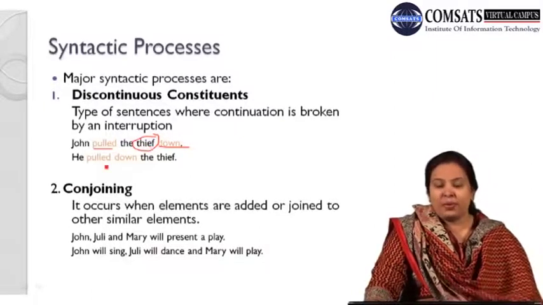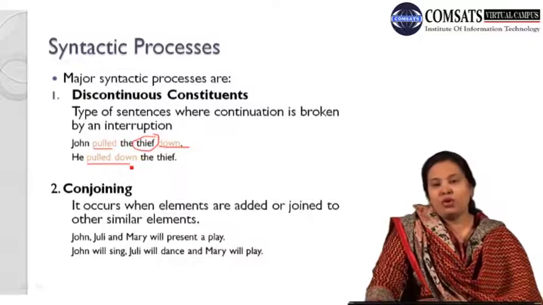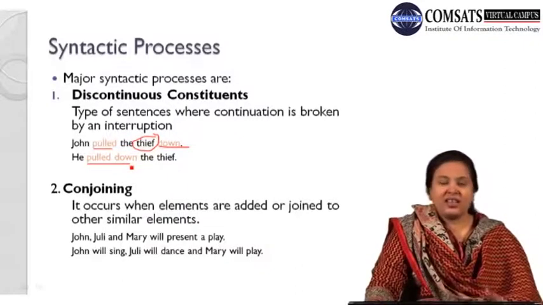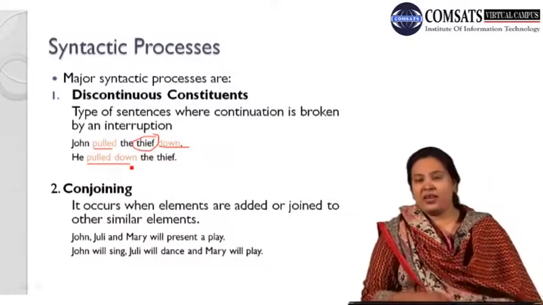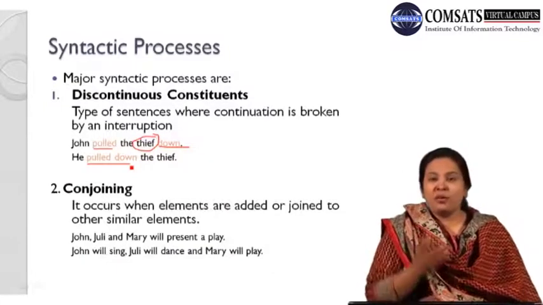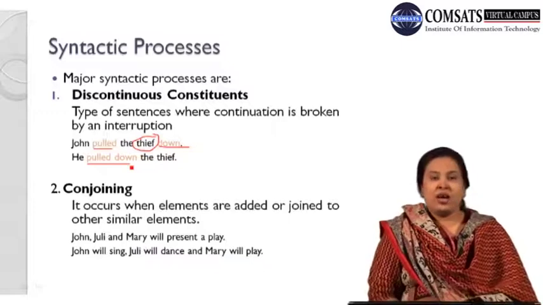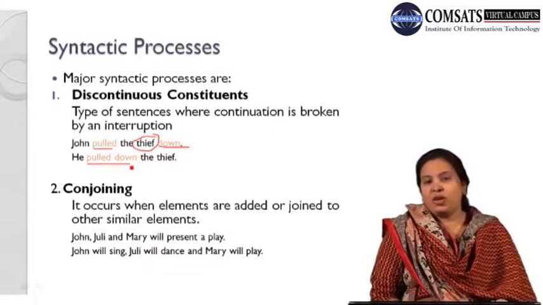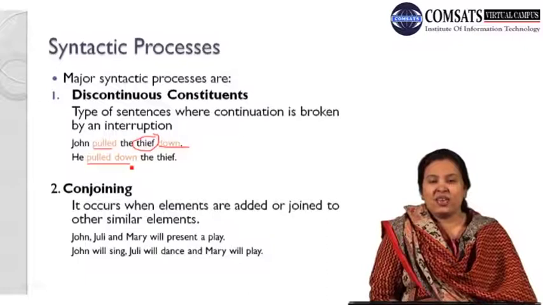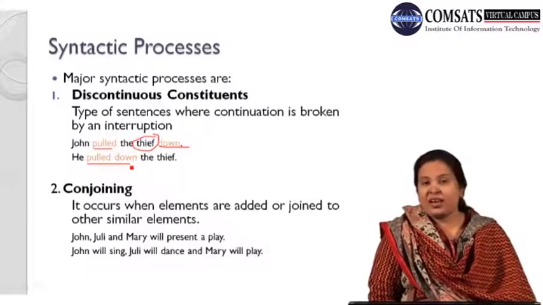Now look at another example. He pulled down the thief. Exactly as I told you, it does not matter. It's not a matter of right or wrong. If I say John pulled down the thief or he pulled down the thief, it's not a wrong sentence. No, it's a perfectly correct sentence.